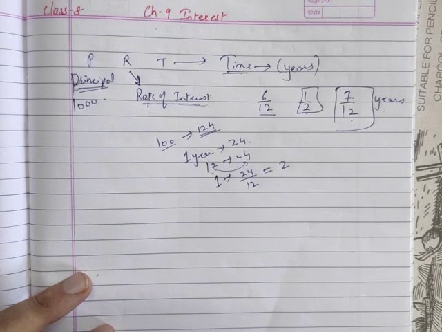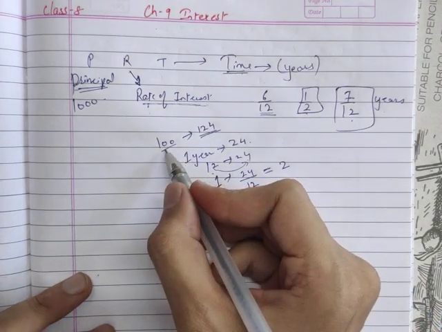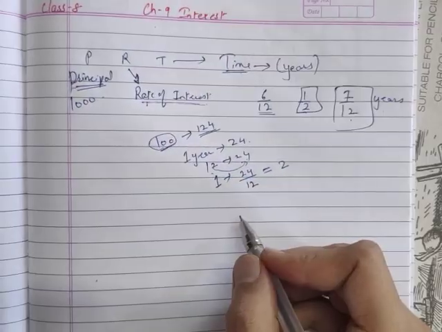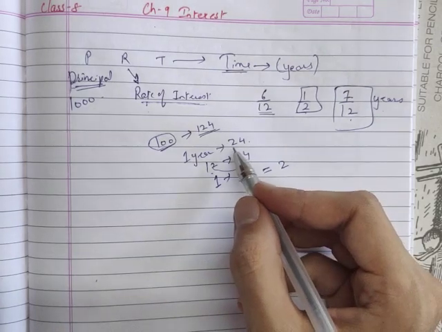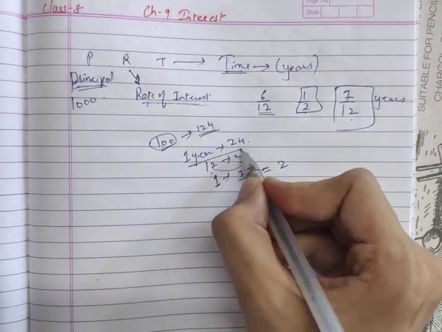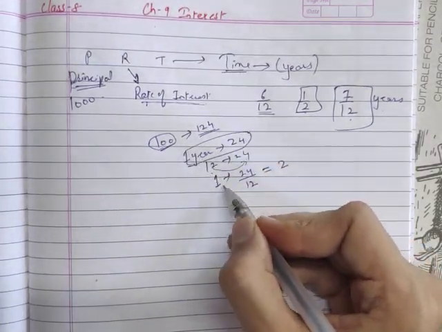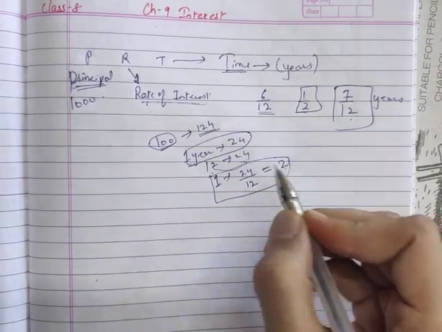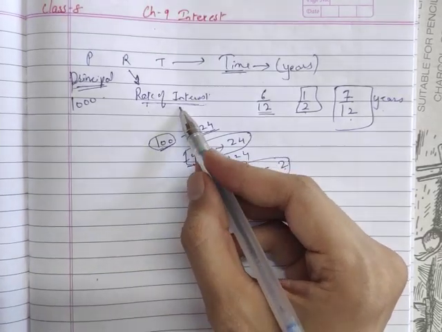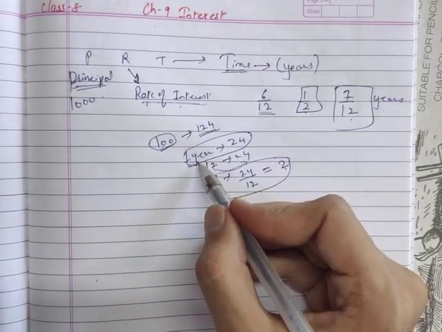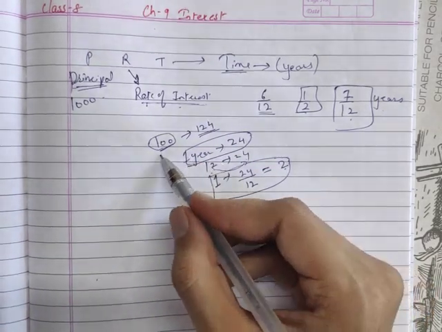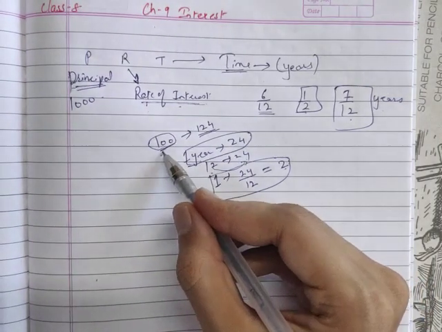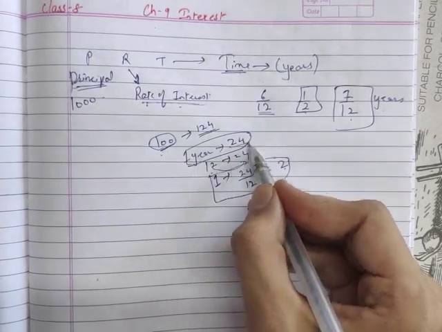Now, this means on 100 rupees, how much did you pay extra in a year? 24. How much in a month you paid extra? 2. Rate of interest means on 100, how much did you pay extra in a year? So on 100 in a year, I paid 24 extra.